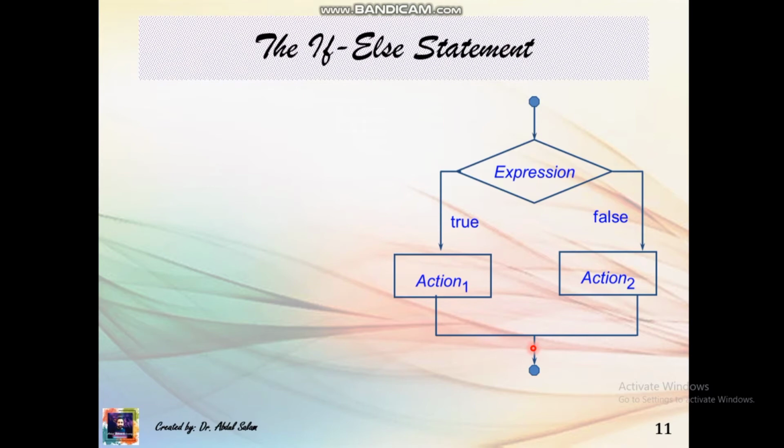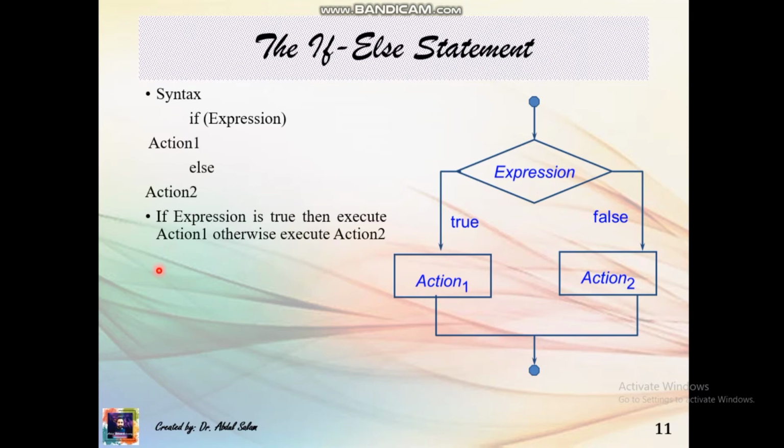Here you can see that the if else statement is working for an expression, whether the number is divisible by 3 or not. If expression, action 1, else action 2. If the expression is true, then execute action 1, otherwise action 2. If the expression becomes false, then it will execute action 2.